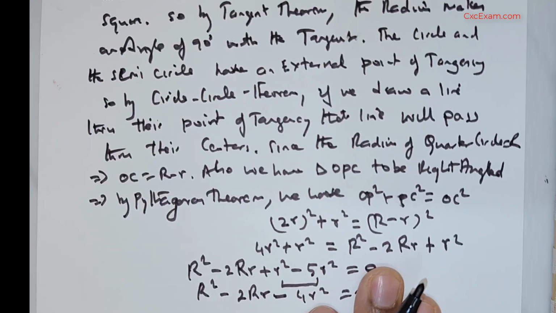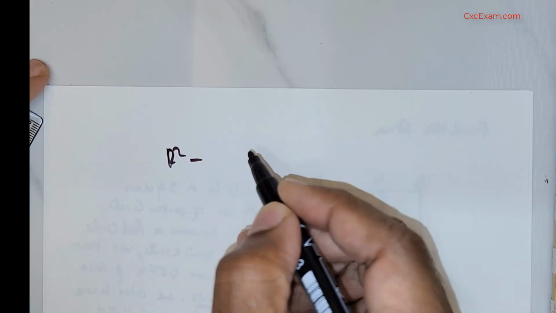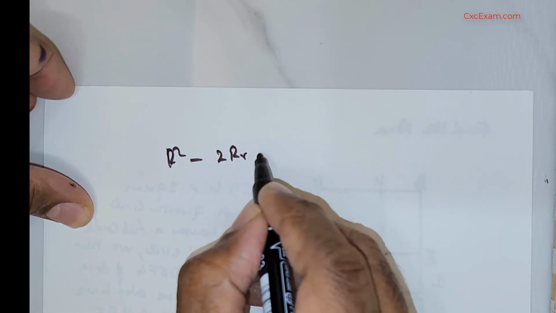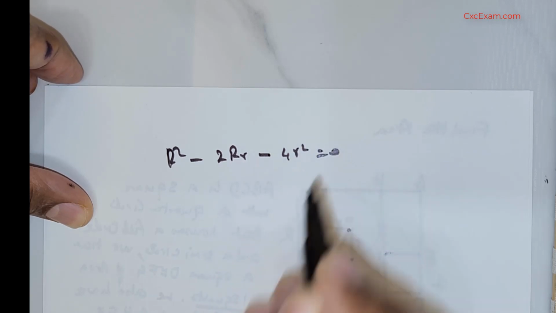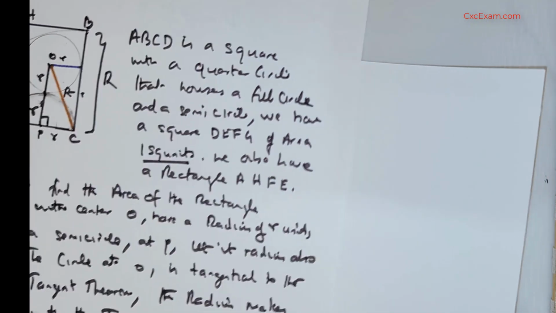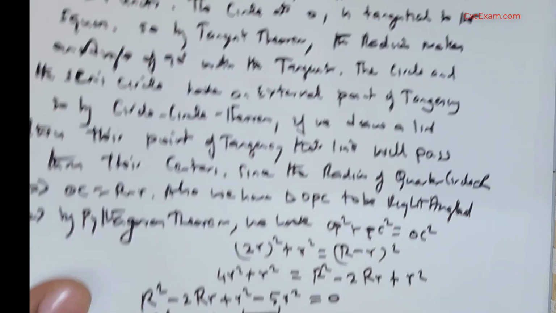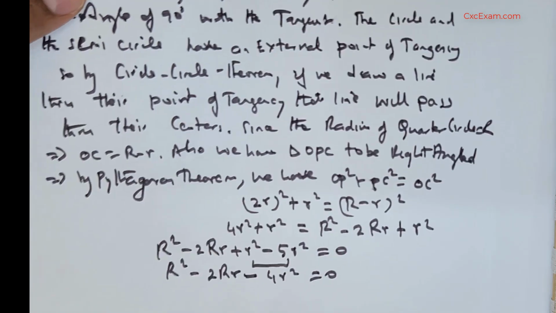So this is a quadratic. So let me rewrite that. Capital R squared minus 2Rr minus 4r squared is equal to 0. Let me check that one more time. I hope you got that.